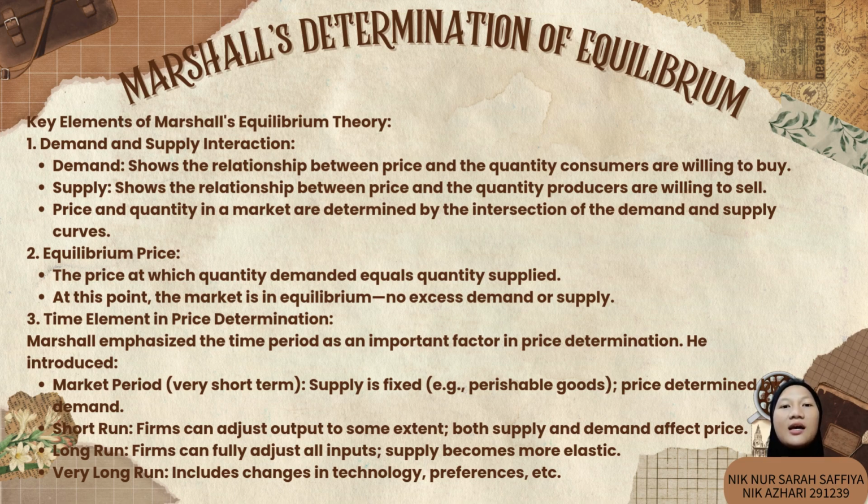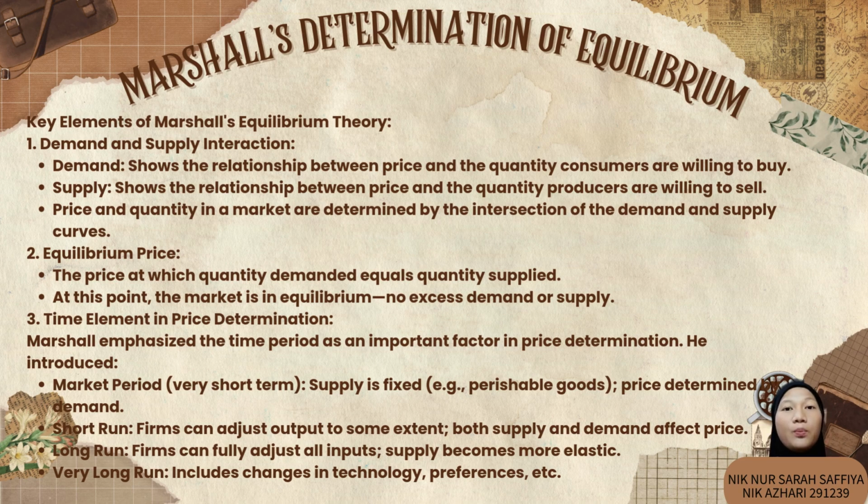If the price is higher than the equilibrium price, supply will be more than demand, leading to excess supply or surplus. Producers will then lower the price to sell off the extra goods. If the price is lower than the equilibrium price, demand will be more than supply, leading to excess demand or shortage.